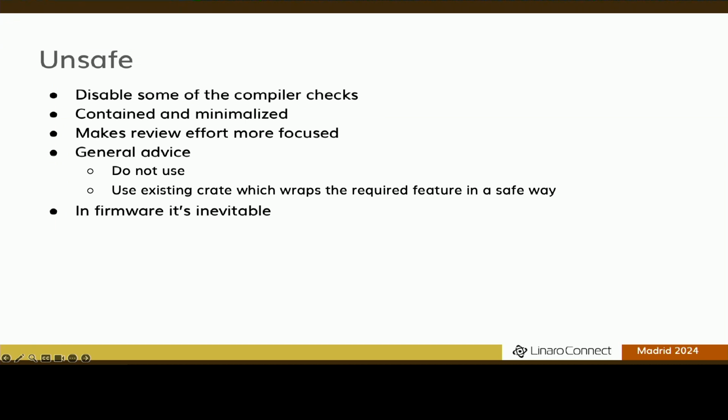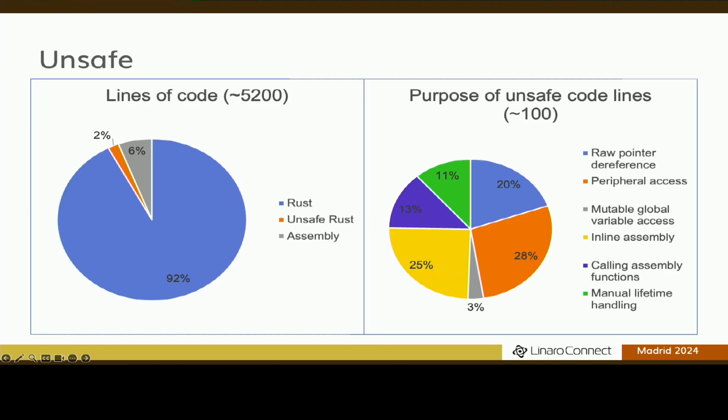The general advice about unsafe is do not use it, but rather use an existing crate which wraps the required feature in a safe way. Now we are developing a firmware, so we cannot really avoid the use of unsafe because we had to interact with the hardware and with other software components.